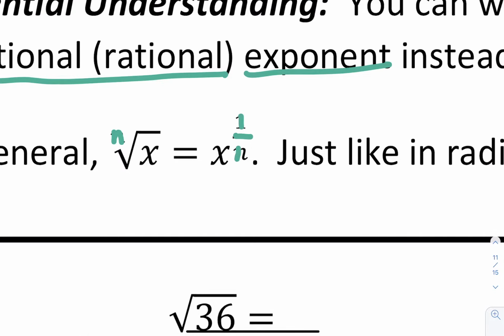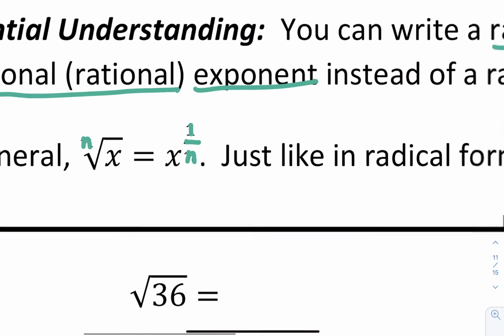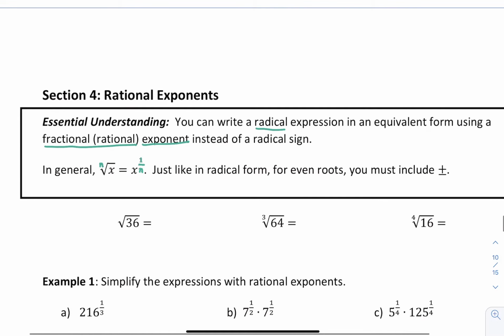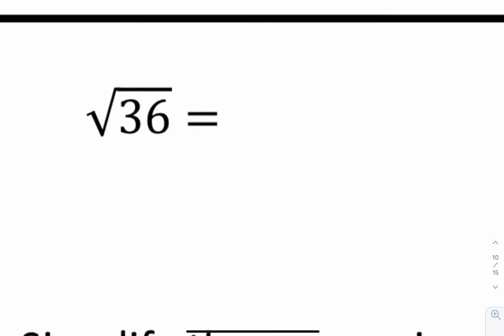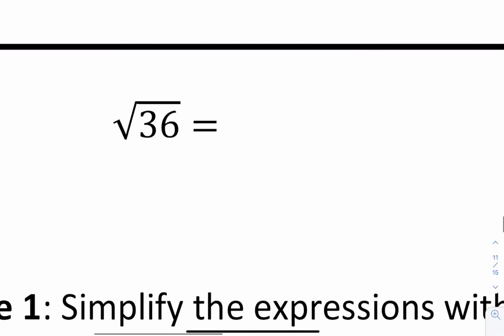1 over n. So just like in radical form for even roots, you have to include plus or minus when you're trying to solve. So if I have something like the square root of 36, there's really a hidden 2 right here. So this is the same thing as 36 to the 1/2 power.